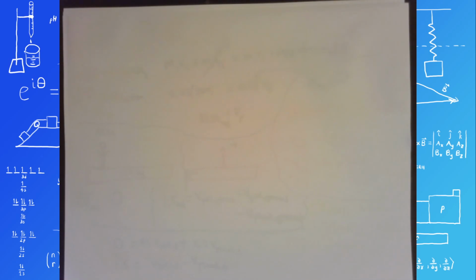The bullet becomes embedded in the block. If the bullet-block system compresses the spring by a maximum of 80 centimeters, what was the speed of the bullet at impact with the block?